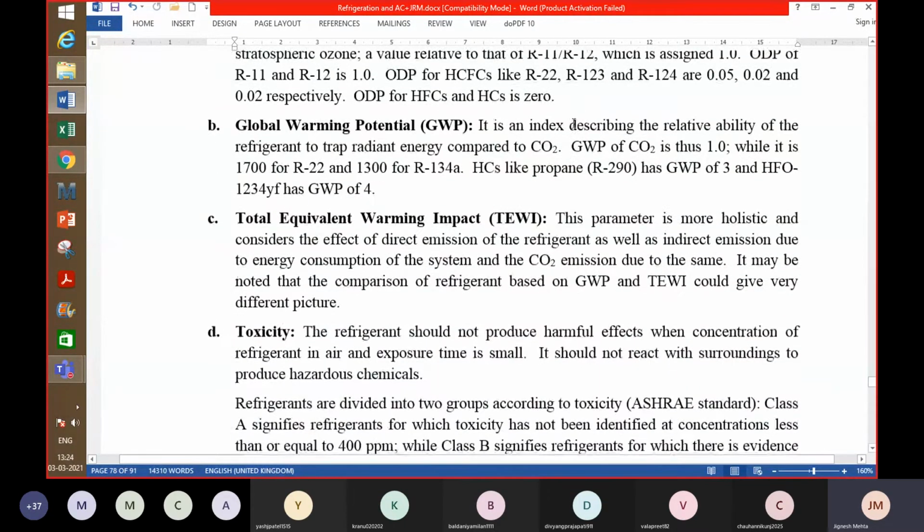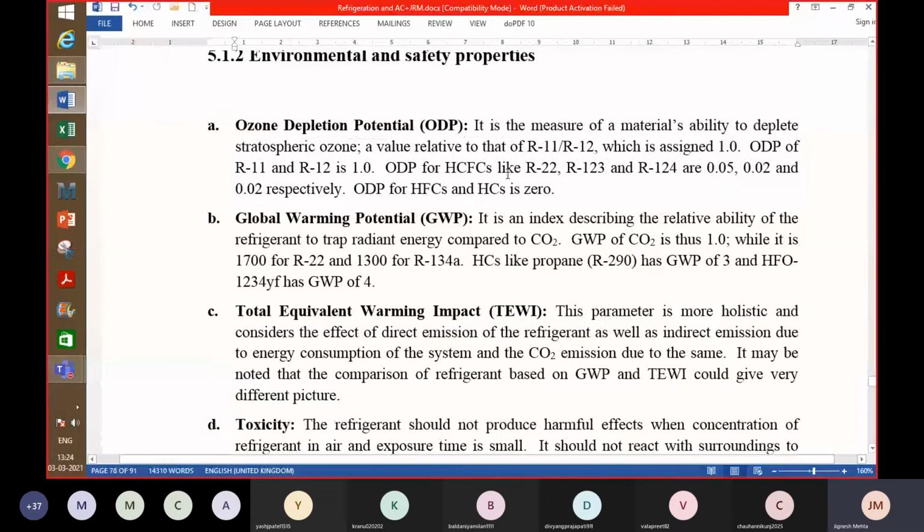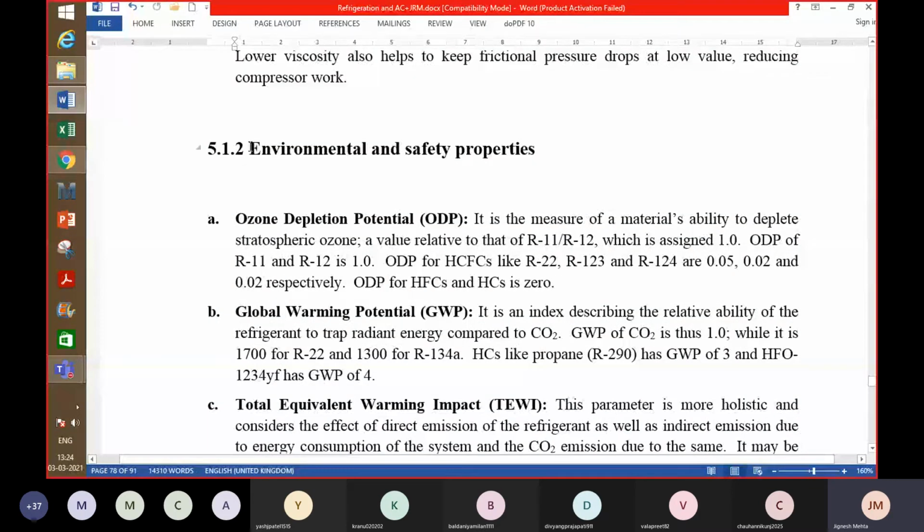Right? So earlier we were not very much conscious about the environmental properties. But as the use of refrigeration has become more and more common, when I say refrigeration, it also includes air conditioning, because air conditioning again most of the times is produced by use of a vapor compression refrigeration system.